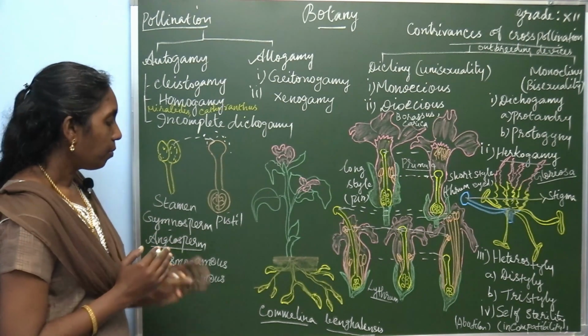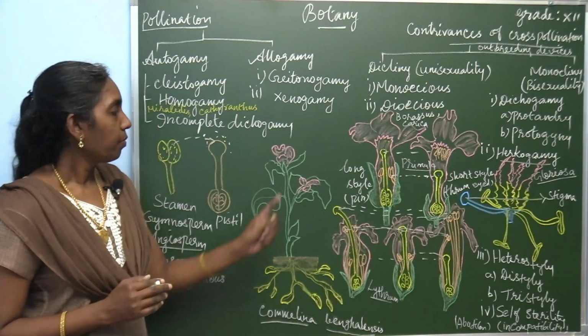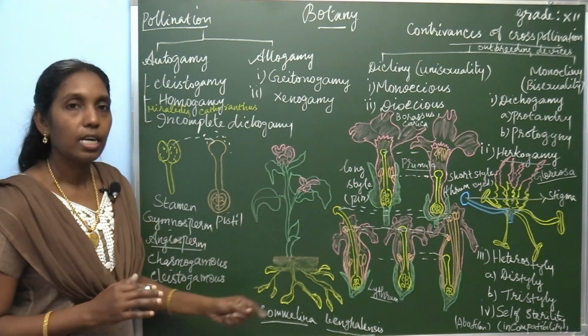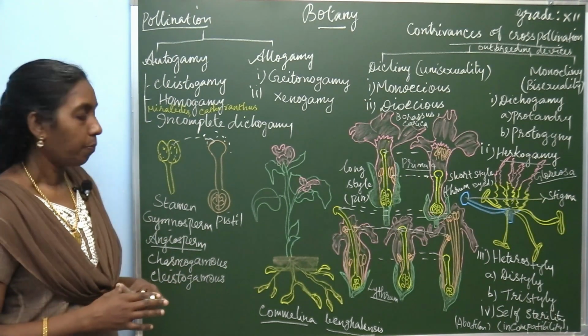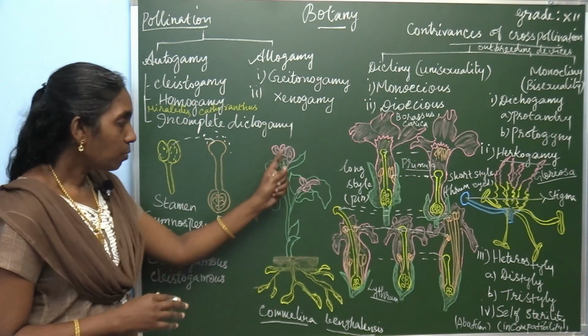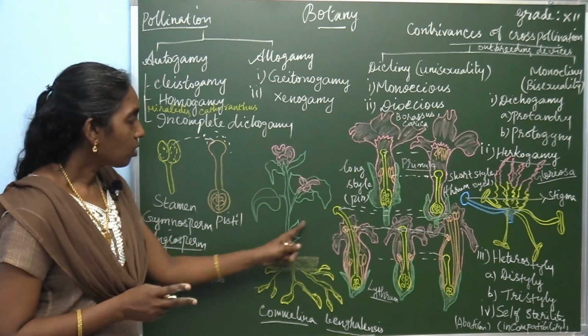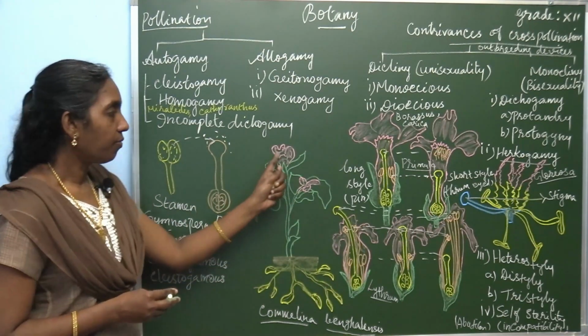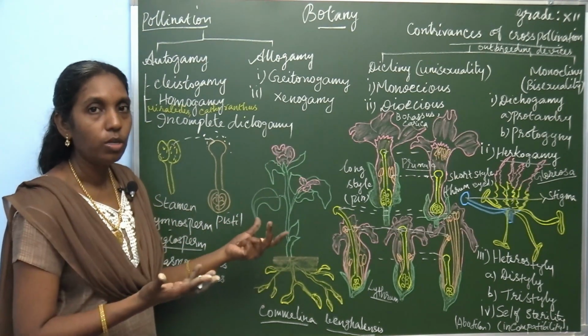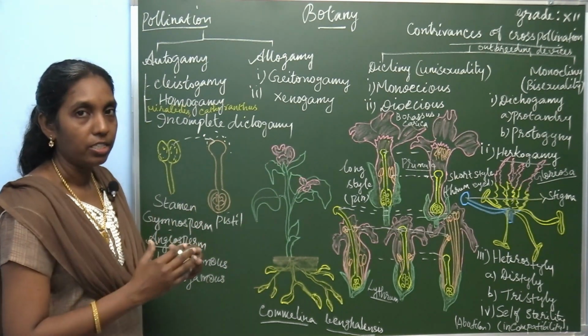Let us see one example, Commelina bengalensis. This plant produces two different kinds of flower. These flowers are called chasmogamous flowers. The floral parts are exposed out for pollination.